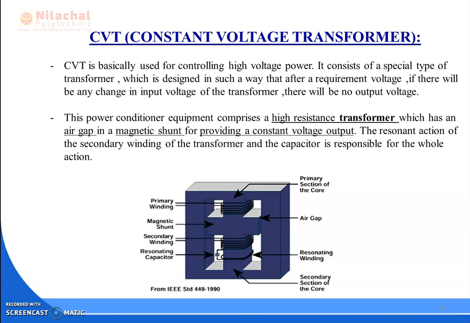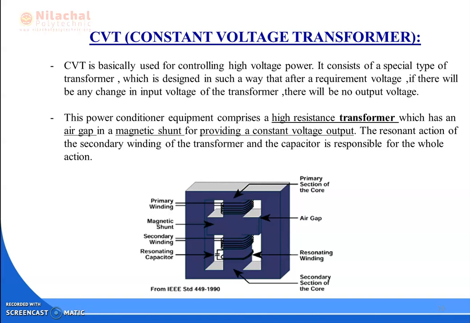This division made by the magnetic shunt provides the constant voltage output. The resonant action of the secondary winding of the transformer and the capacitor is responsible for the whole action.